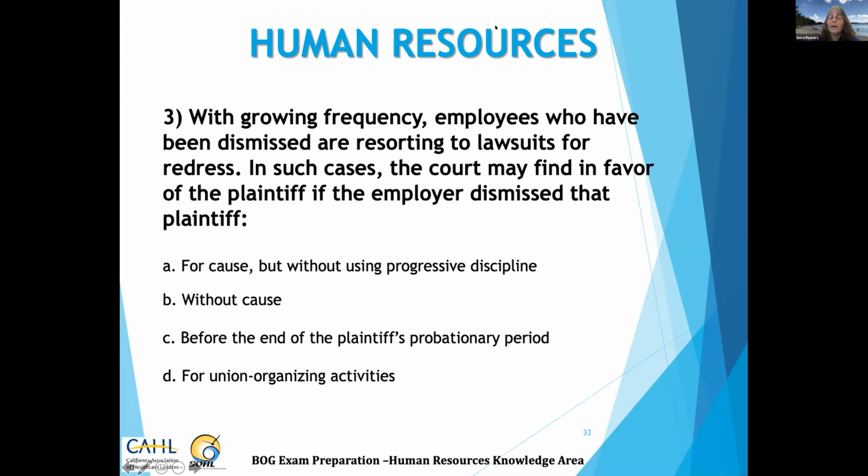So B, and this one for the brain walk, just really quick, I can eliminate C almost right away because, before the end of the probationary period, that's the whole point of a probationary period. For union organizing activities, that one, maybe keep that in there. For cause, but without using progressive discipline.